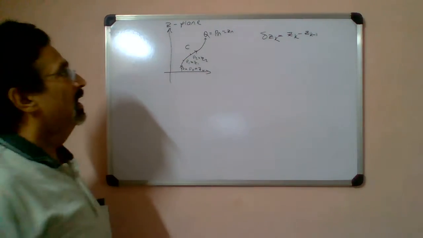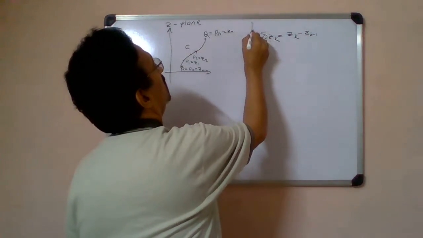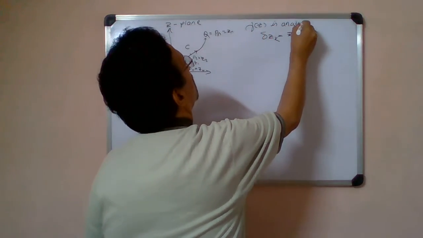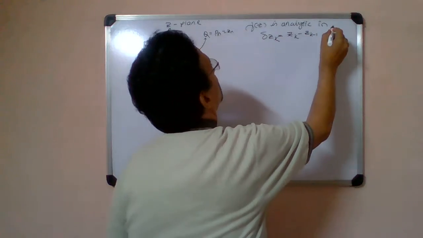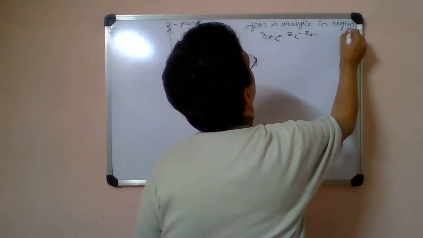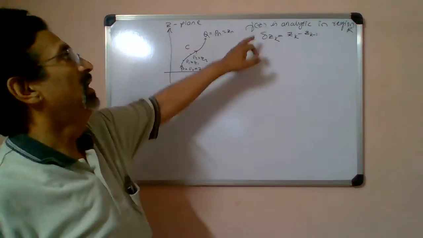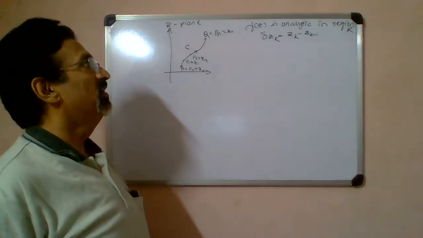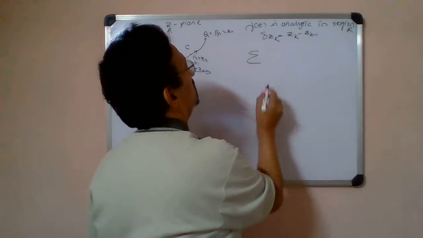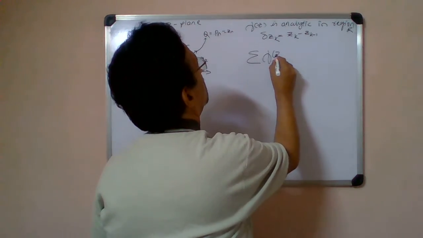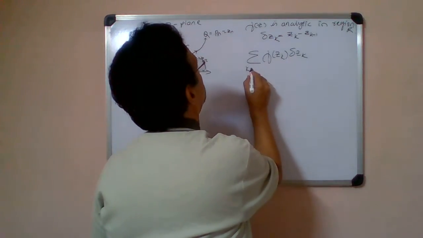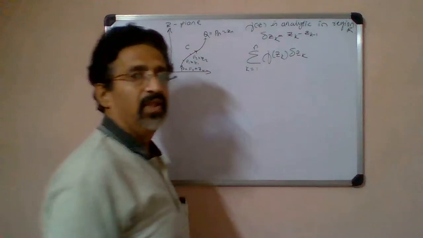Here I say that f(z) is analytic in region R. Then I consider the summation of f(zk) times delta zk, k from 1 to n.